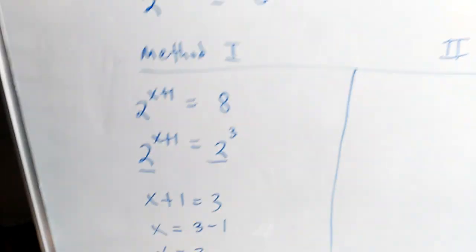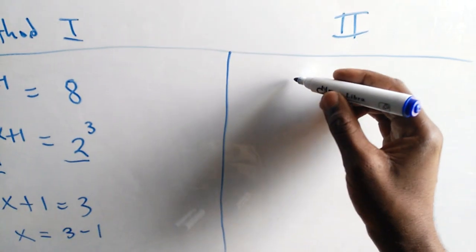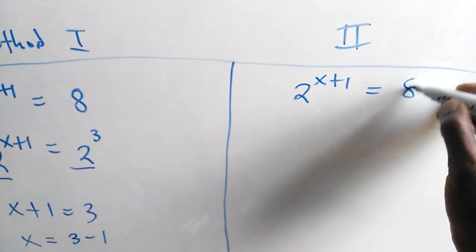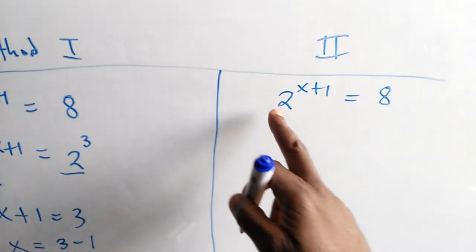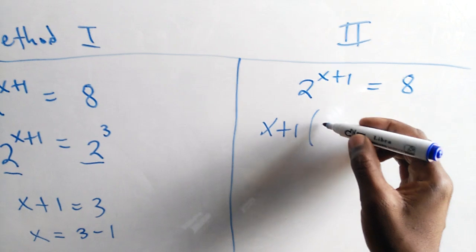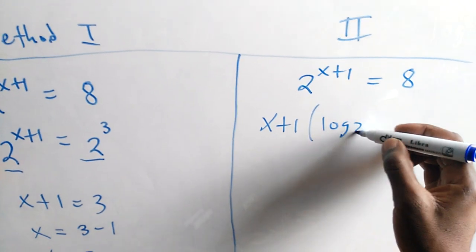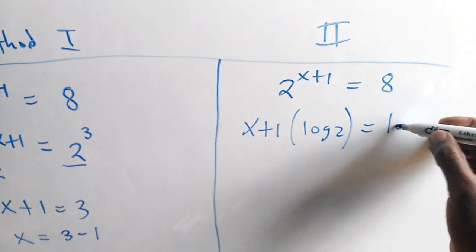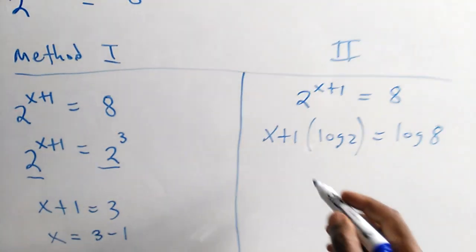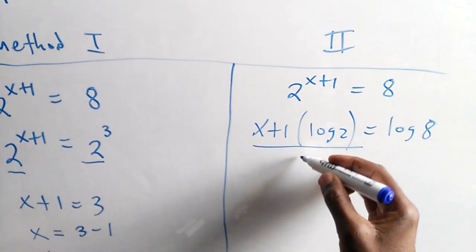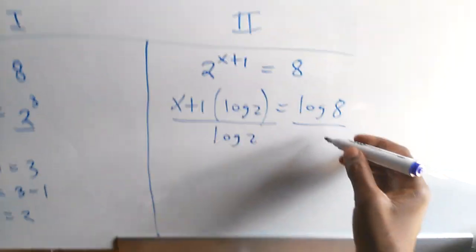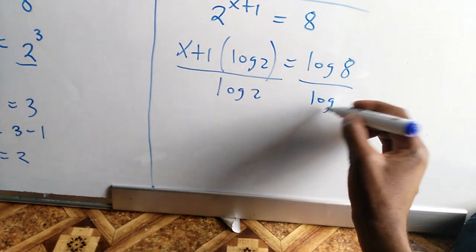If we were to use logarithm, we would say 2 to the power x plus 1 being equal to 8. Introduce the log on both sides and drop the power. And then we'll divide by the log of 2.